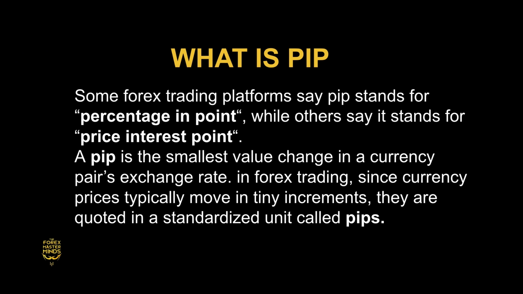For a currency pair to go from point A to point B, or from point B to point C, the difference in that movement is what we call a PIP. The smallest increment, the smallest movement.